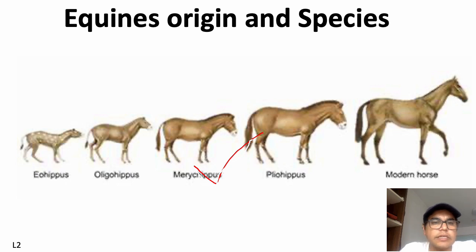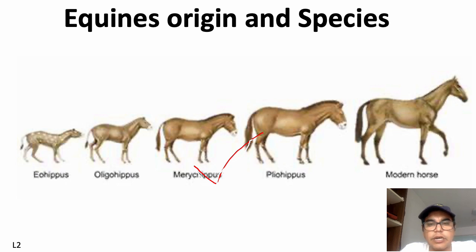And even in this imaginary picture, you can see that it was very small, about the size of a dog.